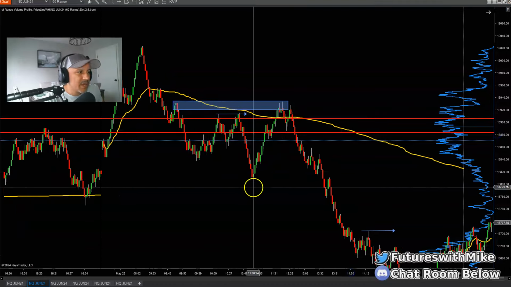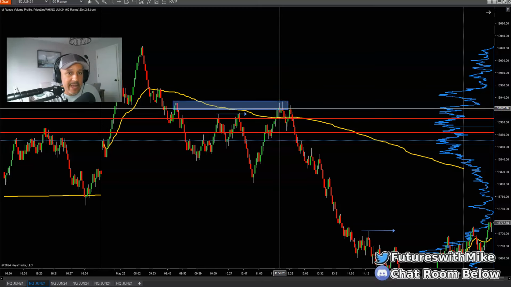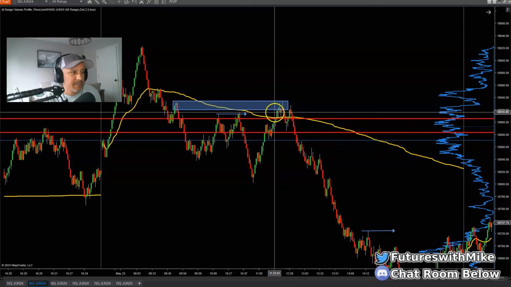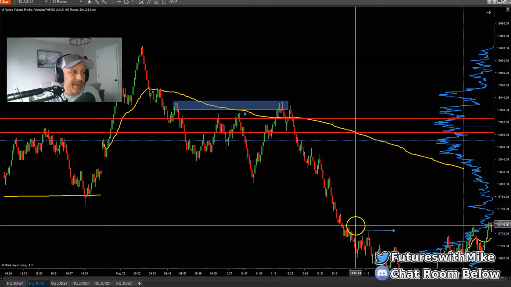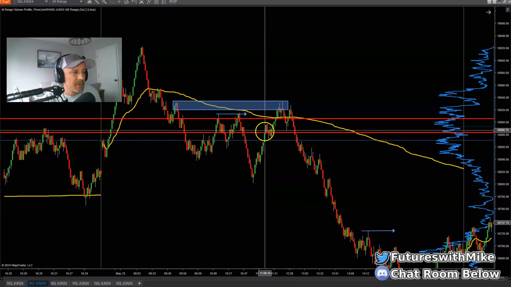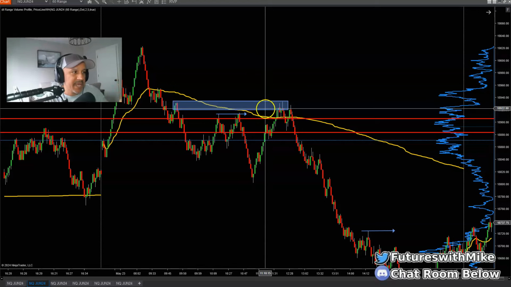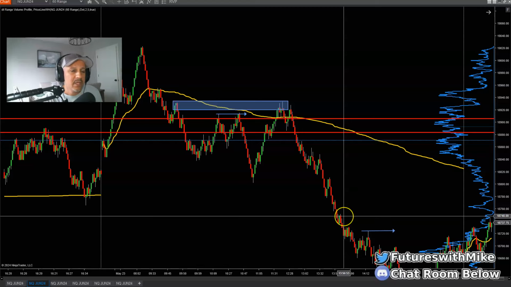We had the supply zone, right? They took the whole area out. They ran the whole area of liquidity. They didn't even sweep it. They just broke and closed above it and then tapped into the supply zone, and then it ran down lower. A lot of times you'll see where the market will run up, wick right above the area of liquidity, tap into either a supply or demand zone, in this case supply, and then continue to run to the downside as well. So you'll see it setting itself up in different forms and fashion.